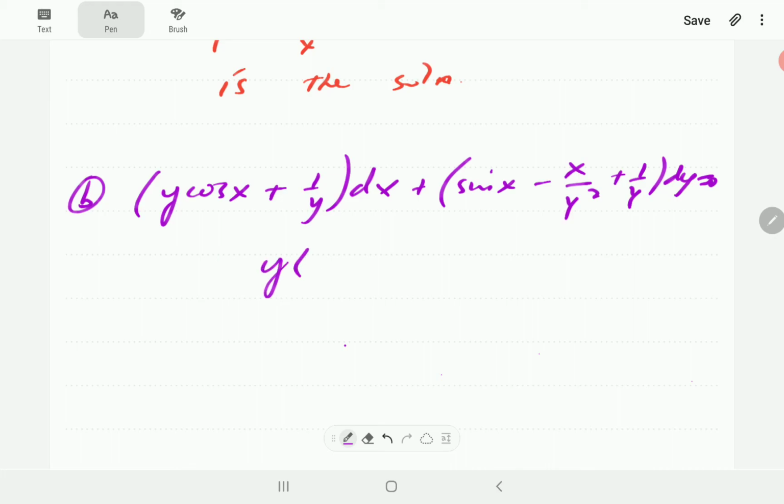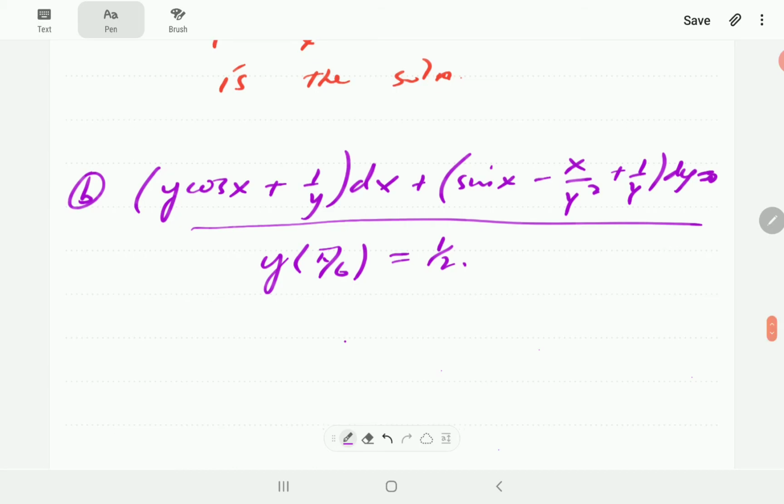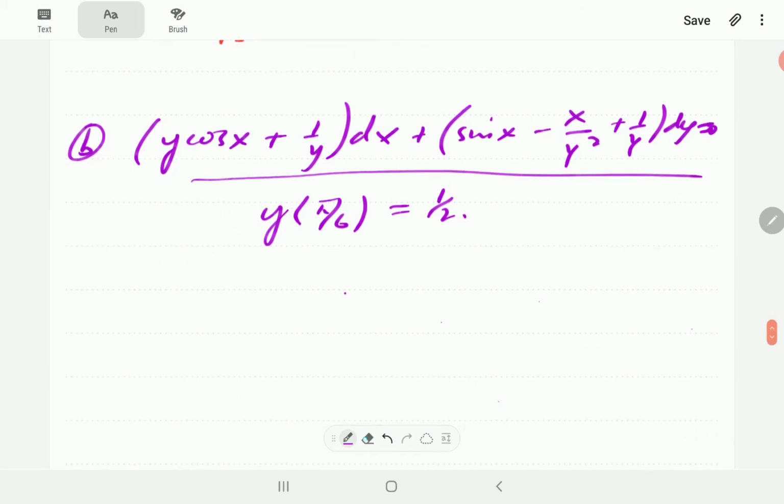When x is pi on 6, y is equal to 1/2. So first we just have to integrate that. Again, if you try to factorize here, you are not going to be able to. So that tells us that this cannot be separable.